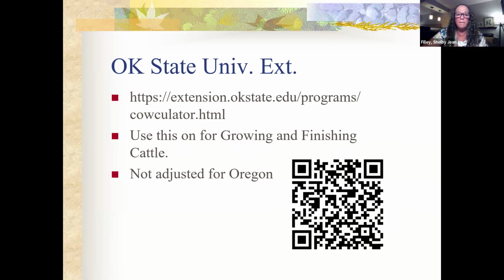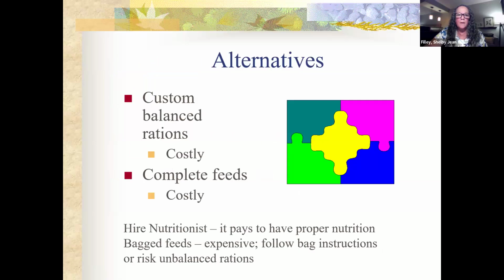And I've used both of them. It's not adjusted for Oregon, but it gets pretty close to a good finish for animals. And I've helped a few people through that, and it seems to be working just fine.